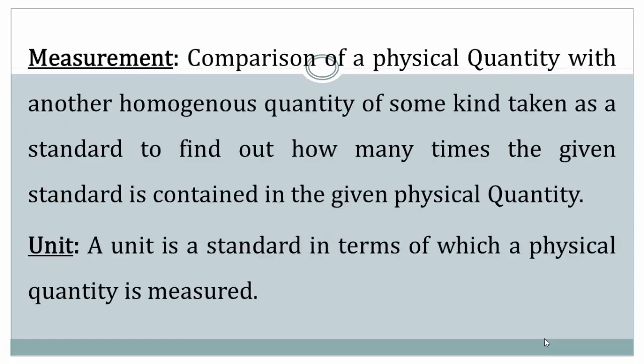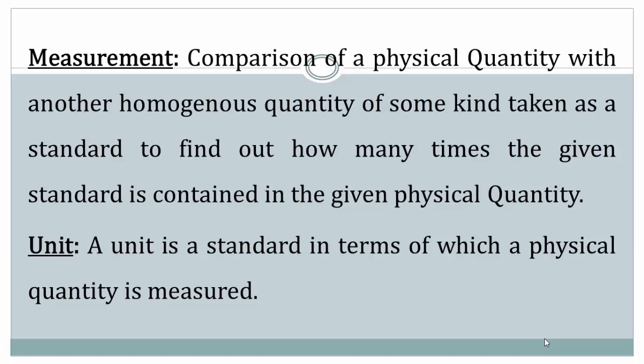Measurement of a physical quantity. A physical quantity can be measured by comparing it with another homogeneous quantity of some kind which is taken as a standard. This standard finds out how many times the given standard is contained in the physical quantity.